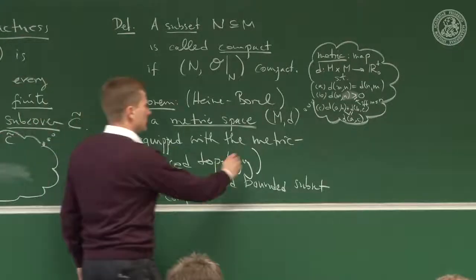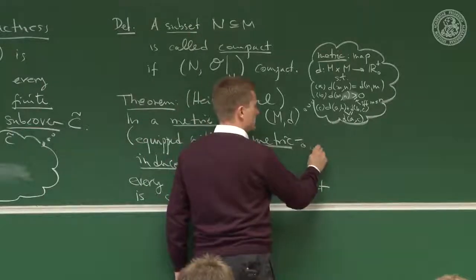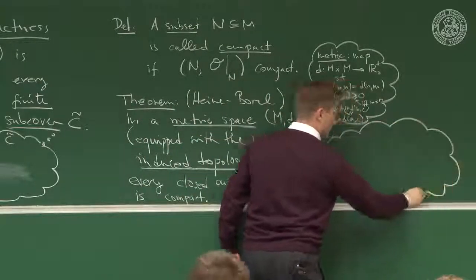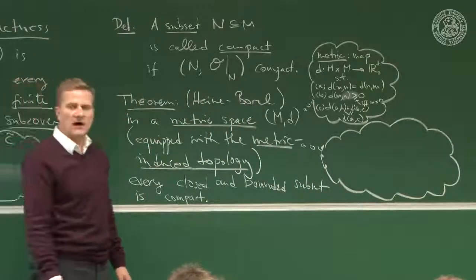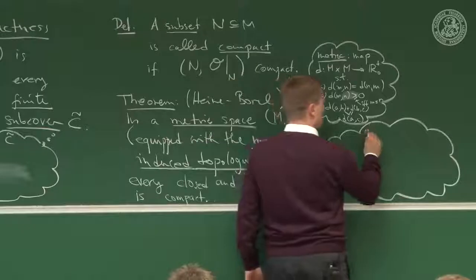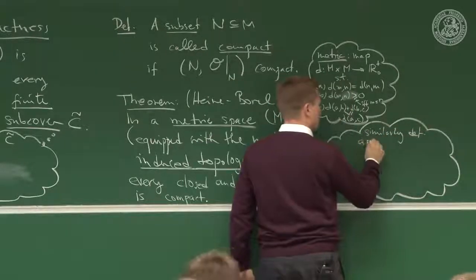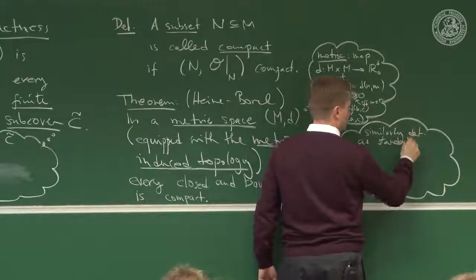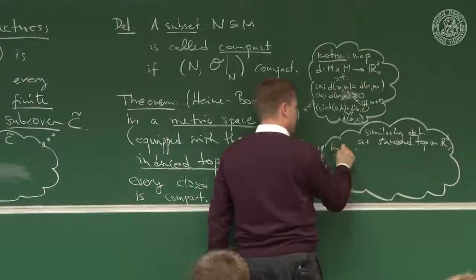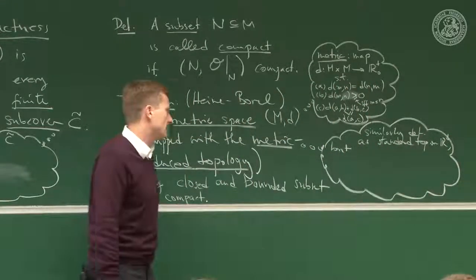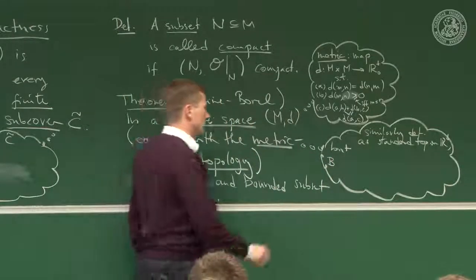So what's the metric-induced topology? Well, you probably guess the metric-induced topology is defined very much like we defined the standard topology on R^d, but the only thing that differs is that the balls are now defined in a somewhat more general way.